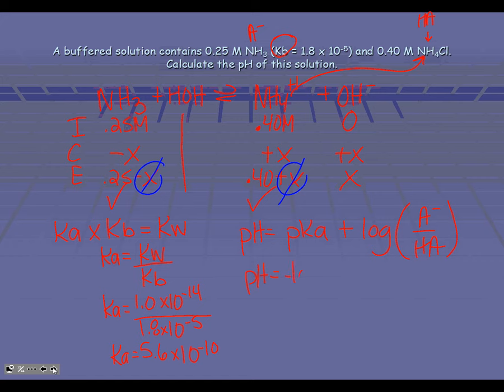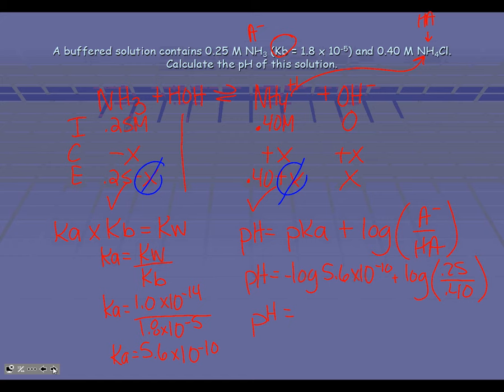So using our Henderson-Hasselbalch equation, pKa, we'll take the negative log of 5.6 times 10 to the negative 10th, plus the log of our A minus, and our A minus was 0.25, and our HA was 0.40.